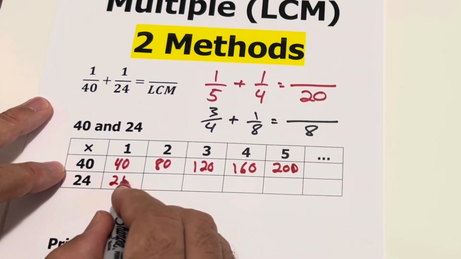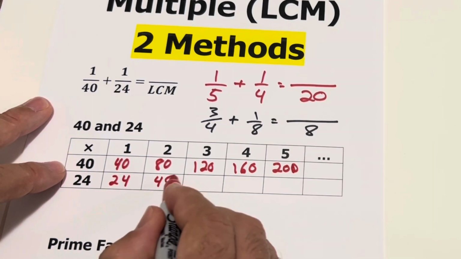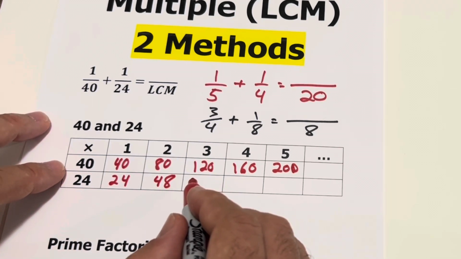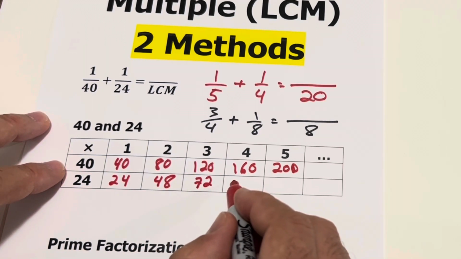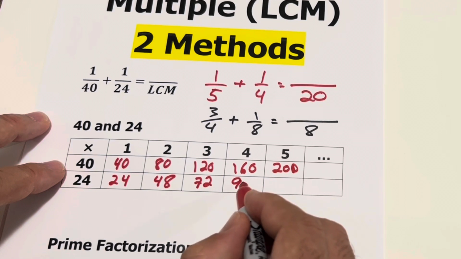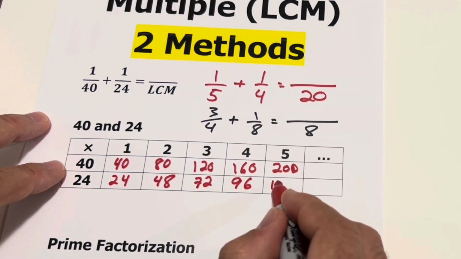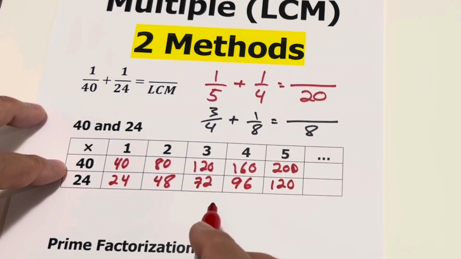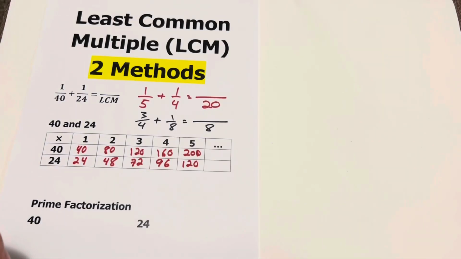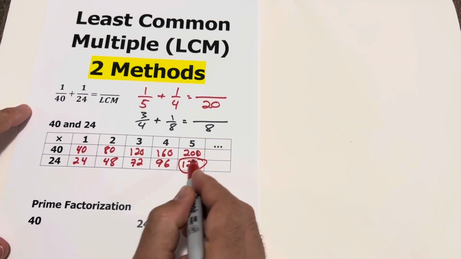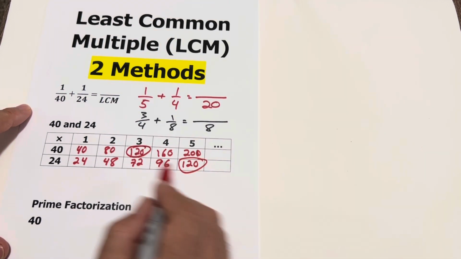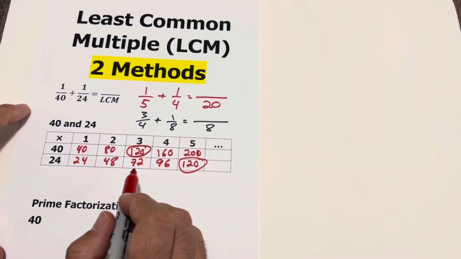So it will be 24, 48, times 3 will be 72. Here will be 96, and then the next one will be 120. So once we find that the two numbers match, that's the LCM.